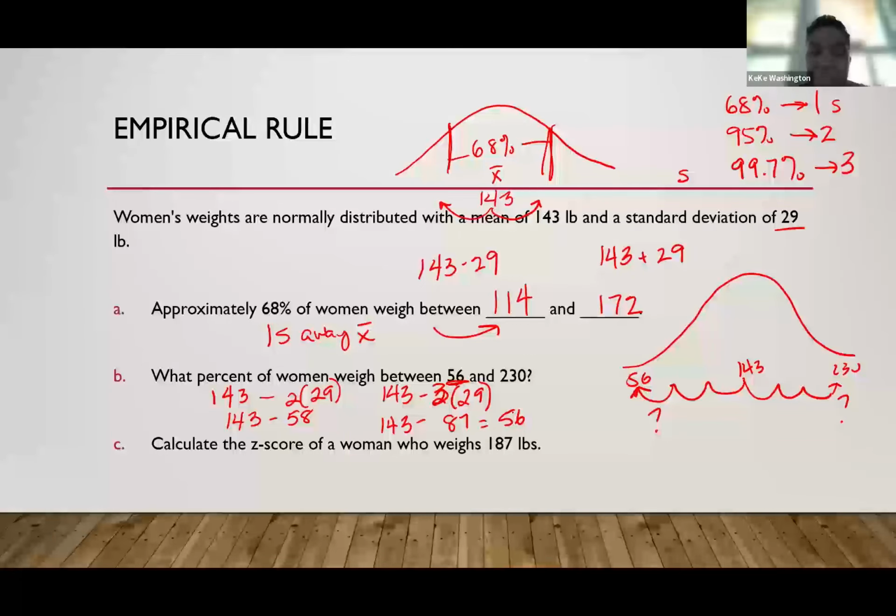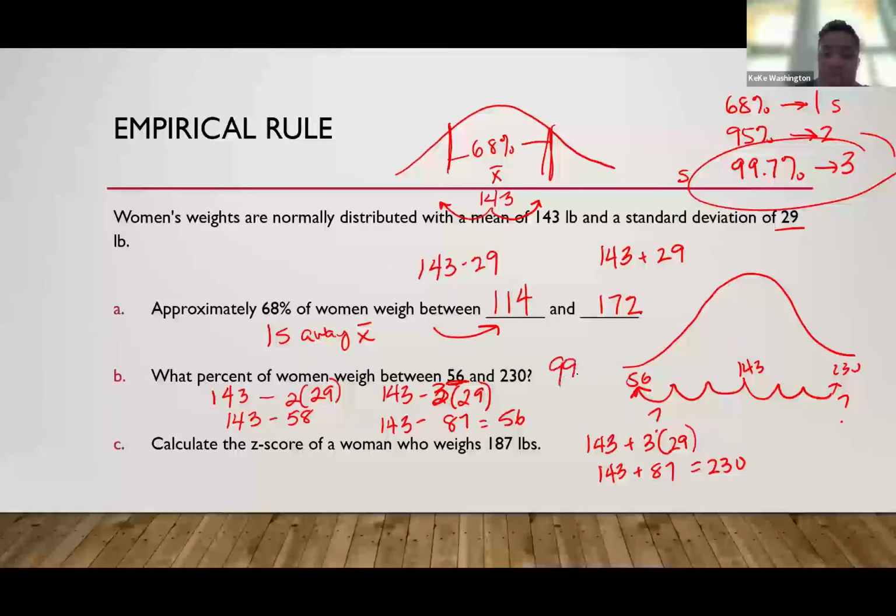We can do the same thing on the right-hand side: 143 plus 87 is 230. So 56 and 230 are 3 standard deviations away from our mean. Therefore, 3 standard deviations away from the mean represents 99.7% of our data.